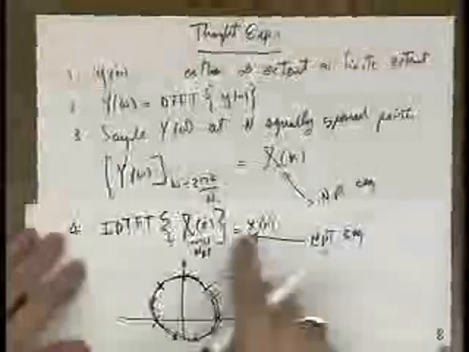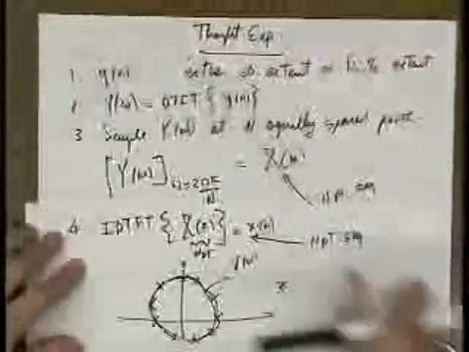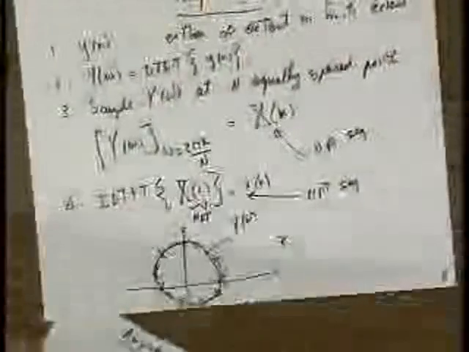So how do I do that? Well, staring at this thing here, I've got to relate x to y. So let me just work my way up. I'm going to write down the expression for x of n. Well, x of n, so this is the proof. x of n is the inverse DFT of x of k.